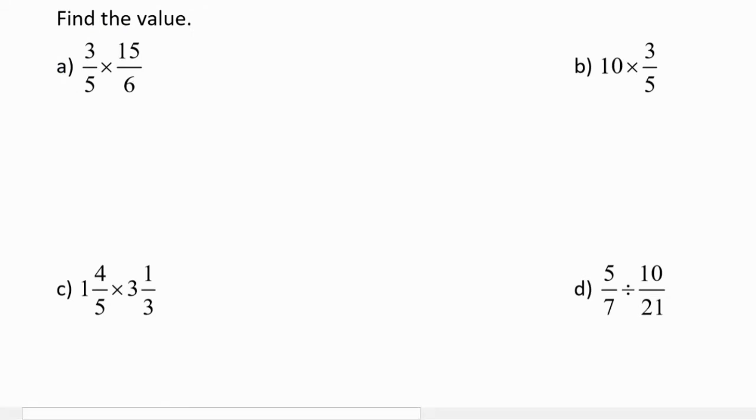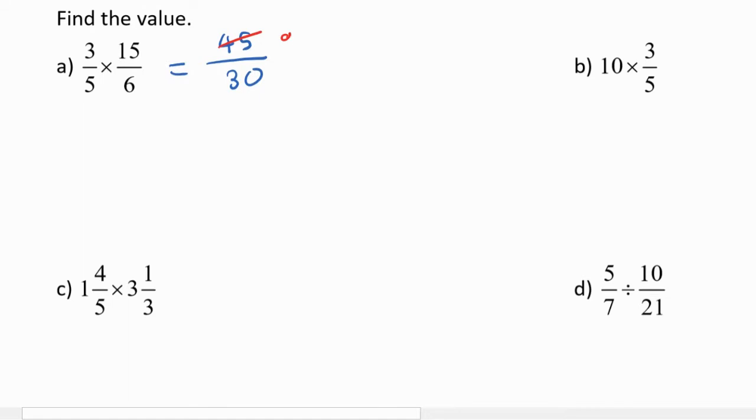So first method, we can just multiply the top together. 3 times 15, which is 45. 5 times 6, which is 30. And reduce it after.